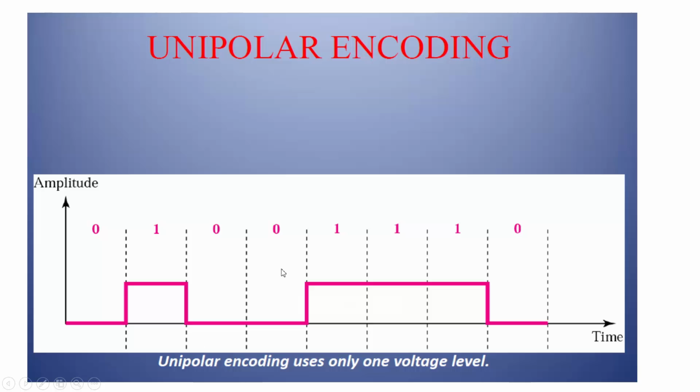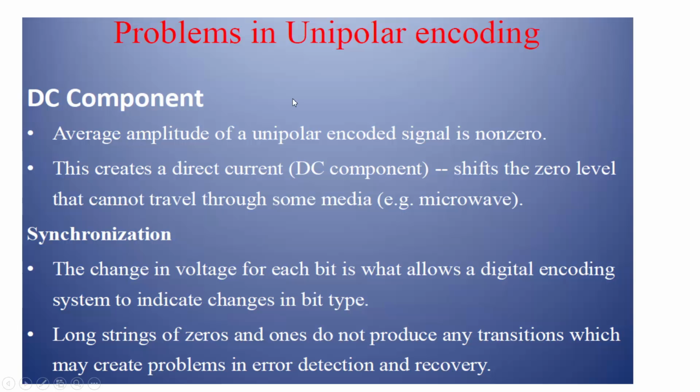So this is the example of unipolar encoding. 0 is represented with 0 volts, 1 is with a certain positive voltage, and so on. So unipolar encoding uses only one voltage level. What are the problems? As I have explained, there will be presence of DC component in the unipolar encoding.